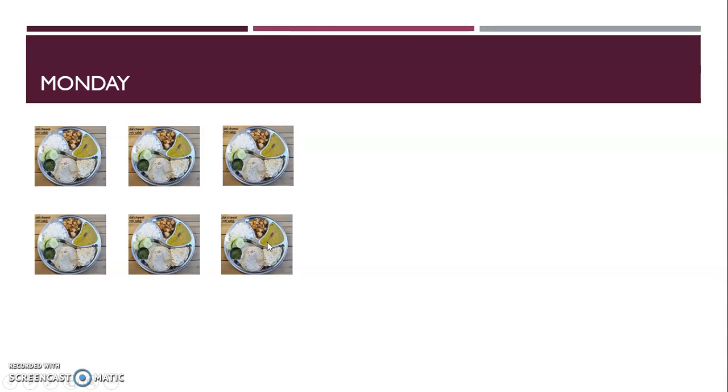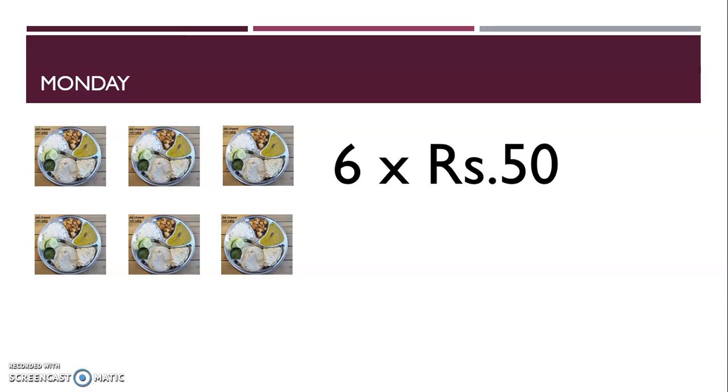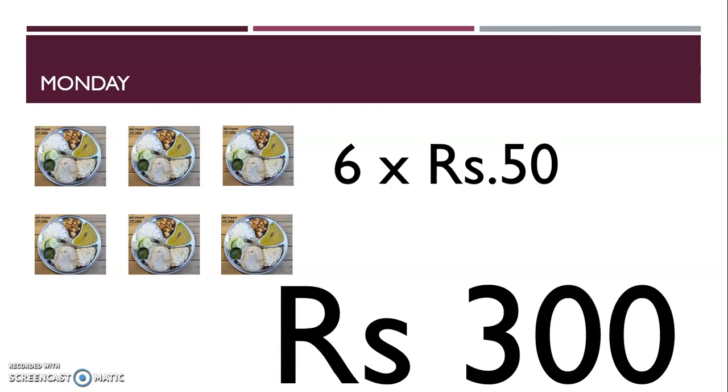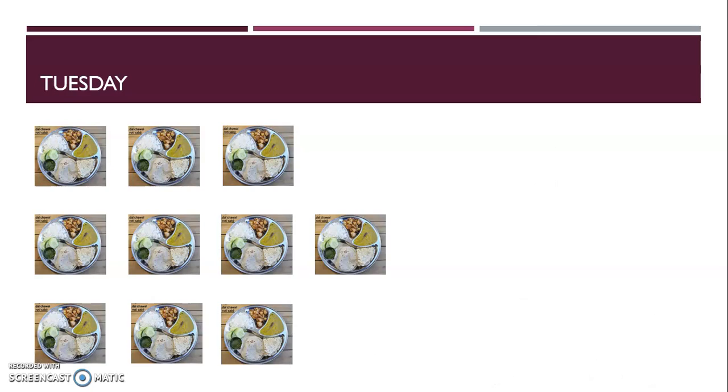Suppose on Monday the shop owner sold six thalis. So how much money did he make that day? 6 into rupees 50, because he sold six thalis and one thali cost rupees 50. So the total money he earned is rupees 300.